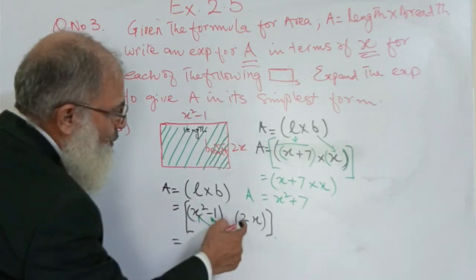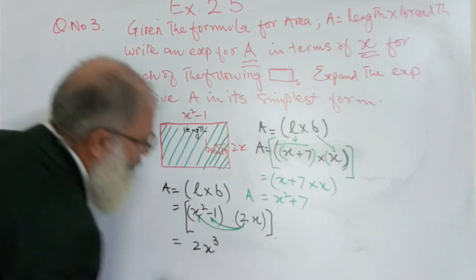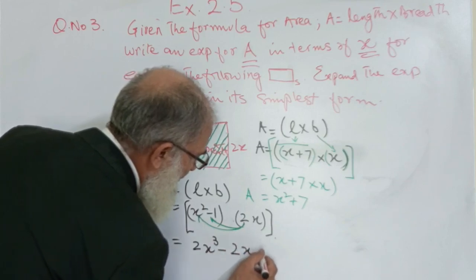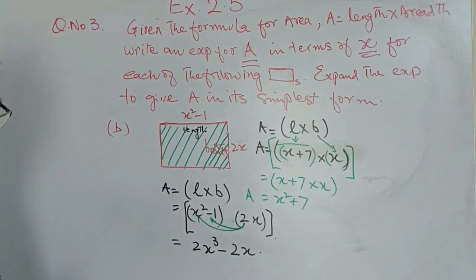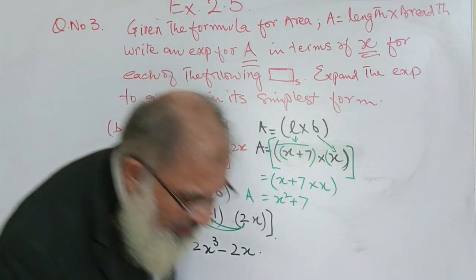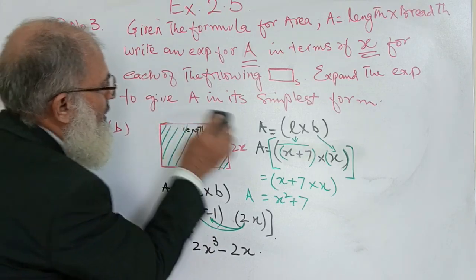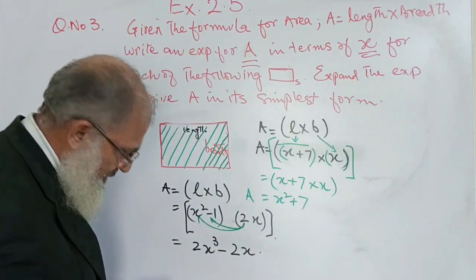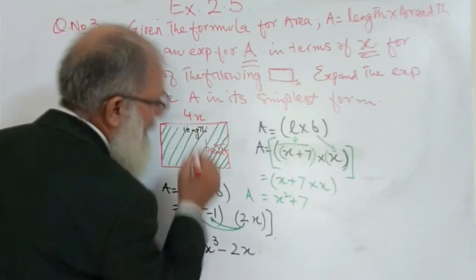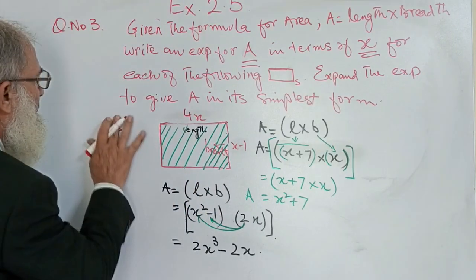Now it will become 2x cube minus 2x, and the last and third is 4x, x minus 1. Now this is 4x and this is x minus 1, and the part is C.